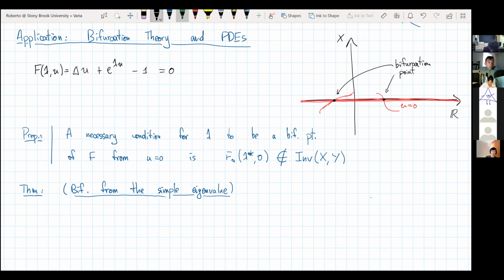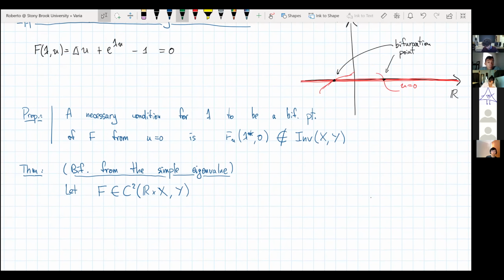So, okay. The first extra hypothesis is that f is twice differentiable from R cross X to Y. And so f satisfies that f of lambda, 0 is 0 for every lambda.